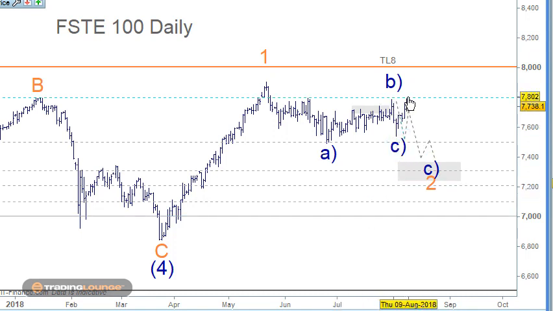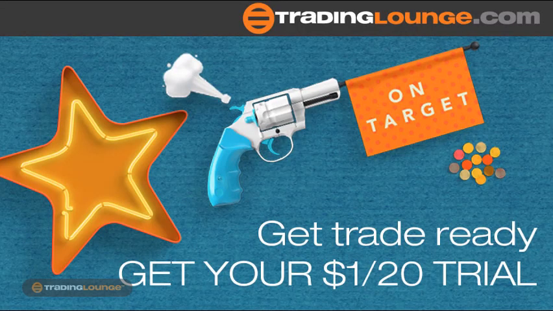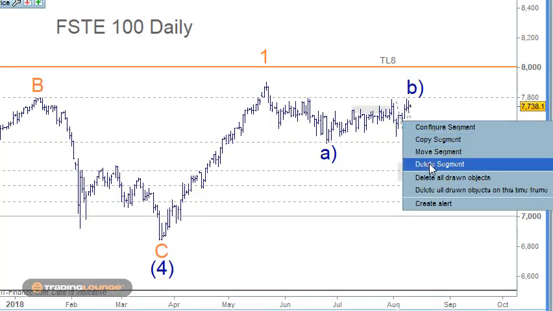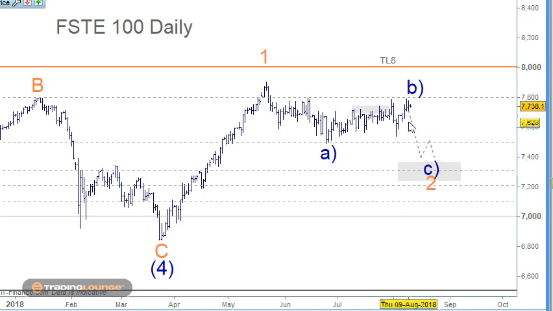It has made a new high here, so that means that we may need to bring wave B over here into even a more complicated scenario, but that means that I can take that wave C away here, and we can also still look for this to move down here.